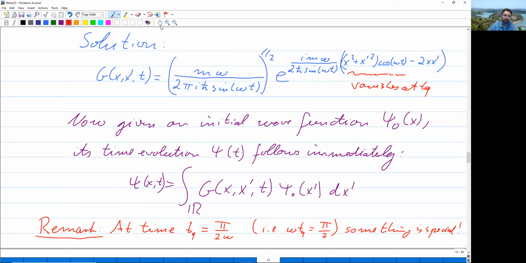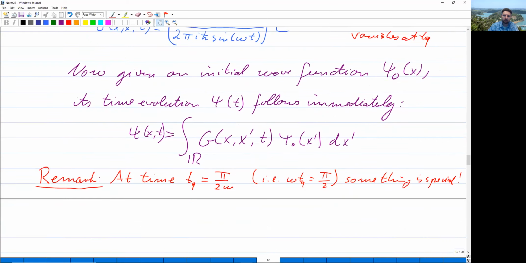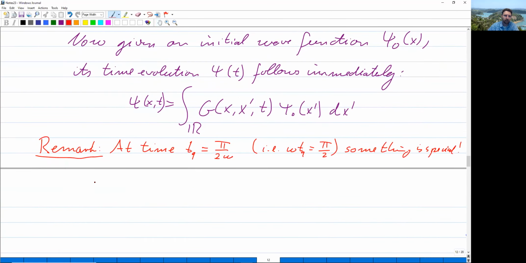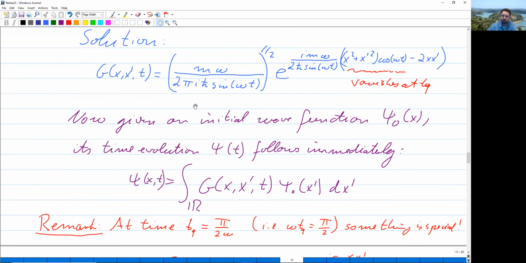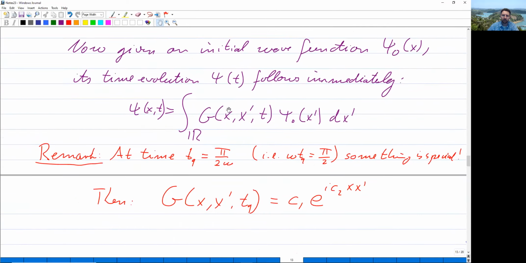So then G of x, x prime and t_q is equal to some constant c1 times e to the power of i times some other constant c2 and then x x prime. Oh, did I write x1, x2? No, x x prime, fine, right.